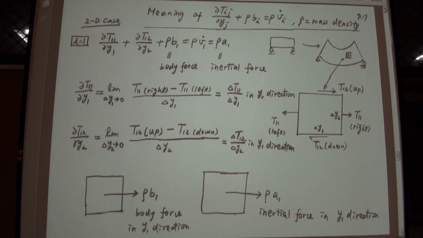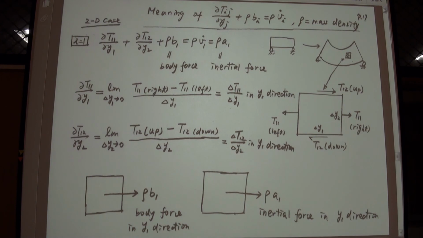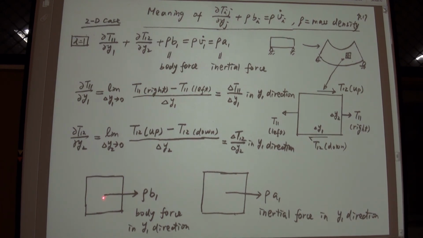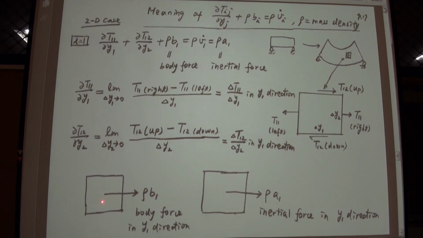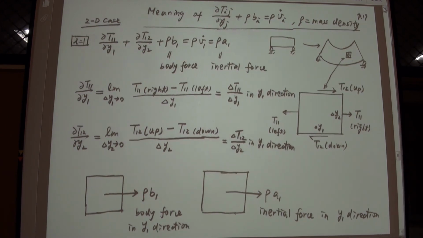But for some electromagnetic force, maybe in some special case, the body force is pointing in the horizontal direction. And we are talking about the component. If we combine the vertical direction and horizontal direction, we can get a vector in any direction, right? So the horizontal component of the body force is possible.